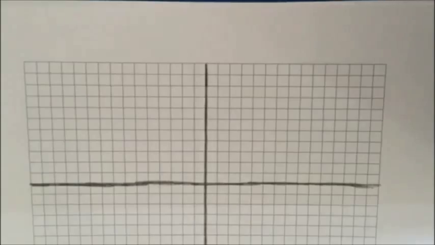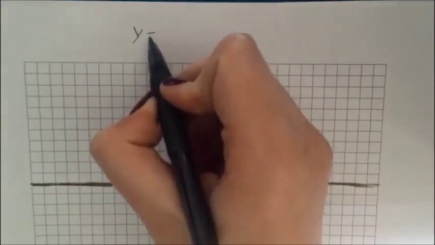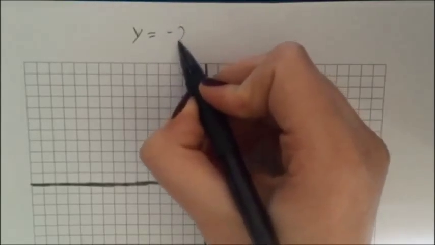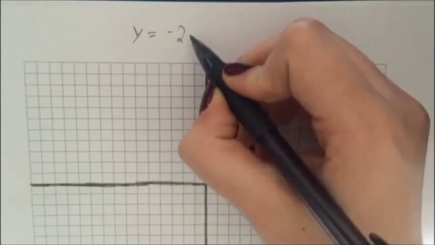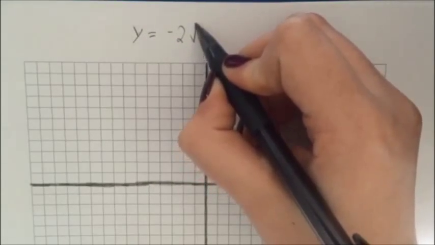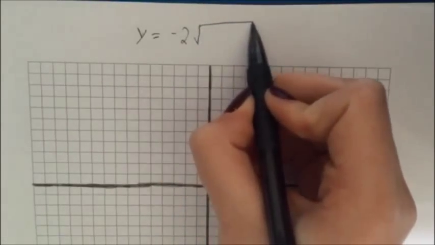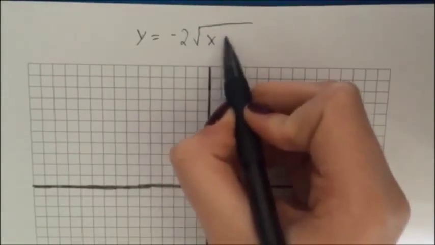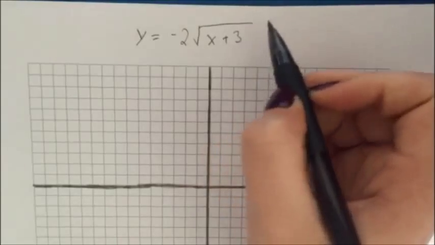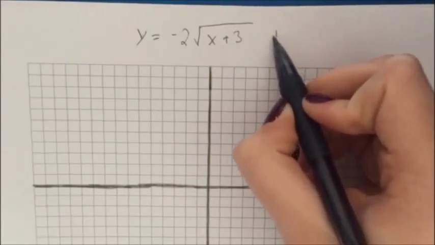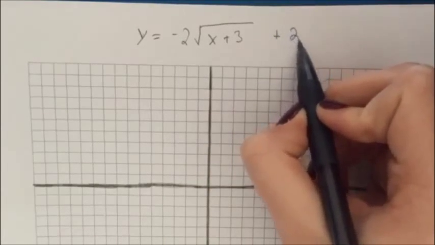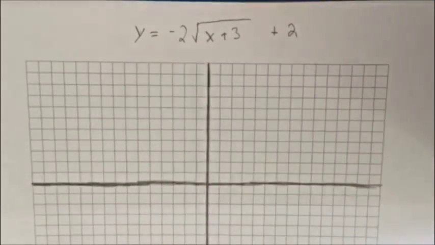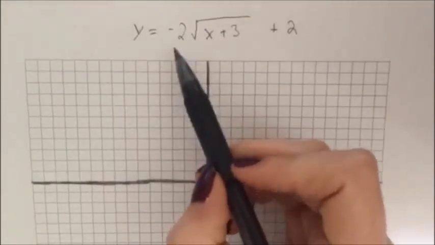The last equation we will be working with is y is equal to negative 2 times the square root of x plus 3, plus 2, and that's on the outside of the x value.